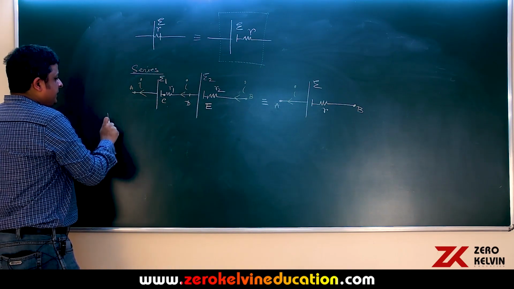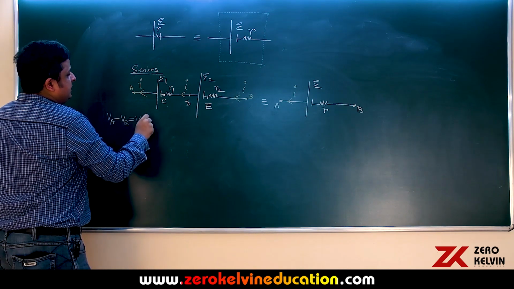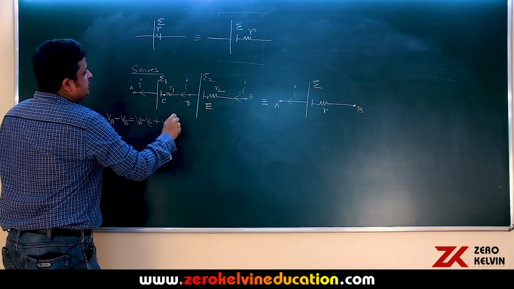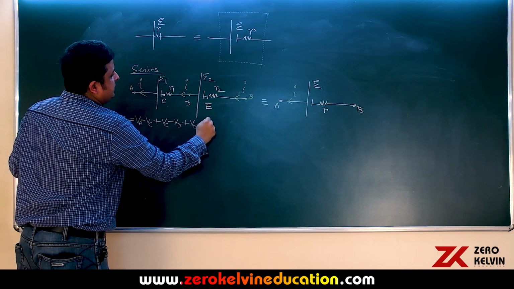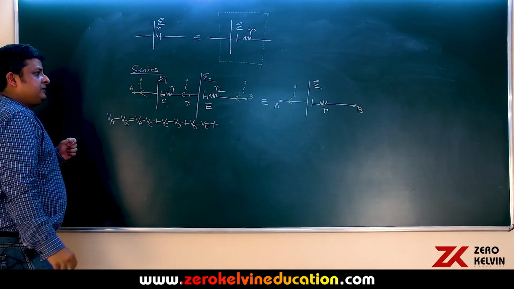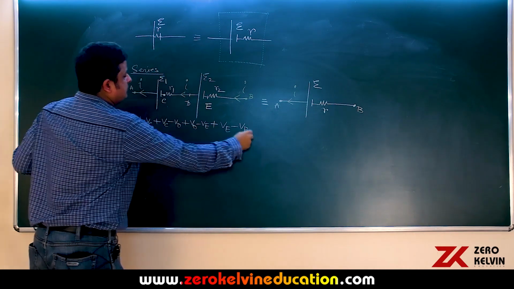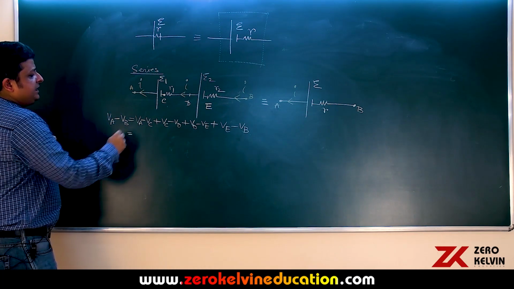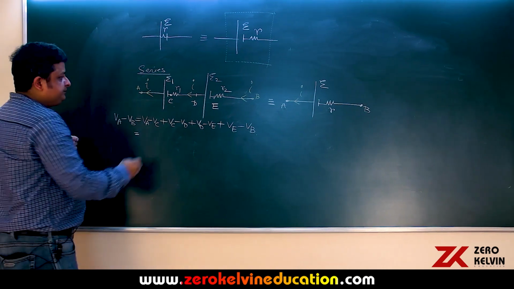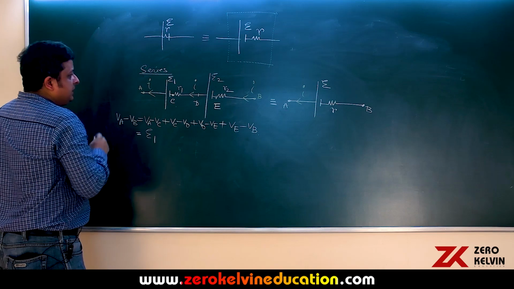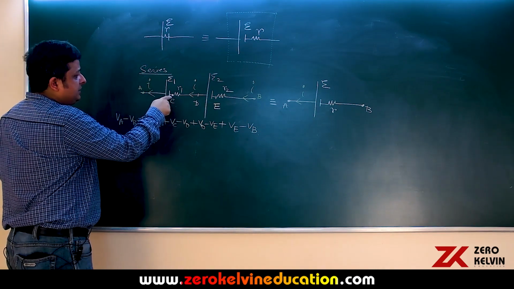So, VA minus VB, we can write as VA minus VC plus VC minus VD plus VD minus VE plus VE minus VB. VA minus VC, this is an ideal cell, right. So, E1, you know the plus plate has higher potential than the minus plate.